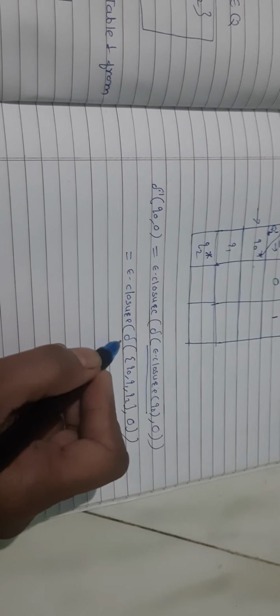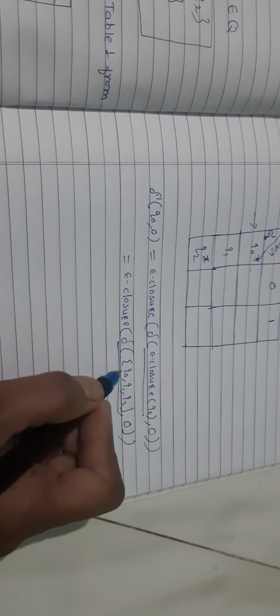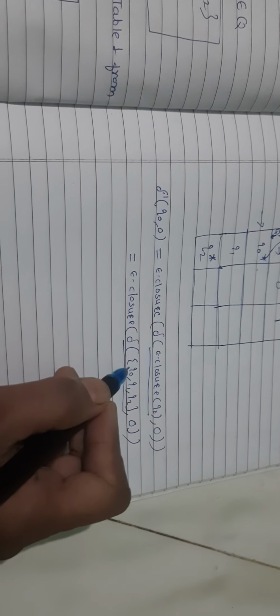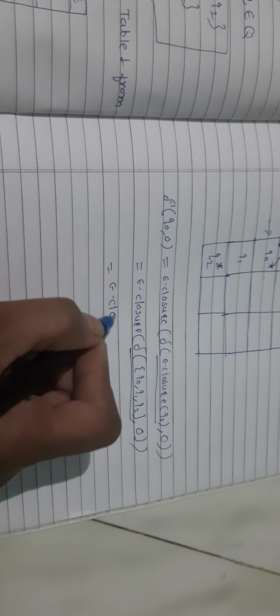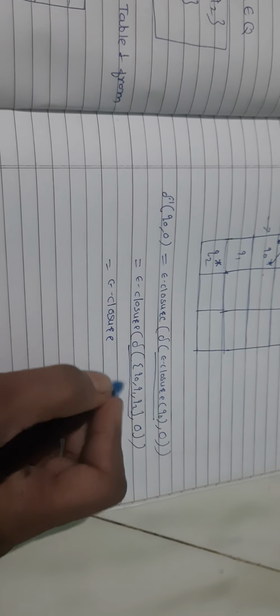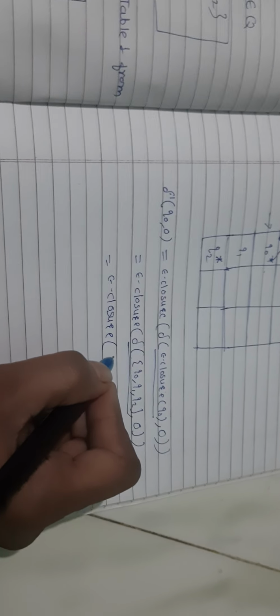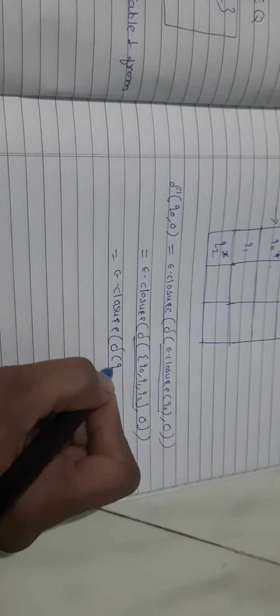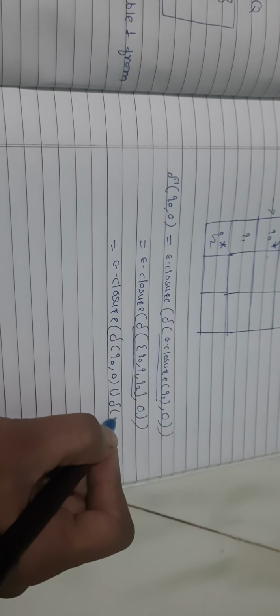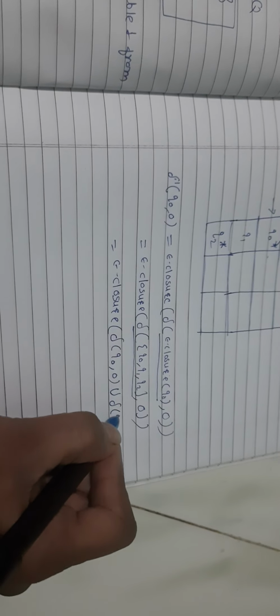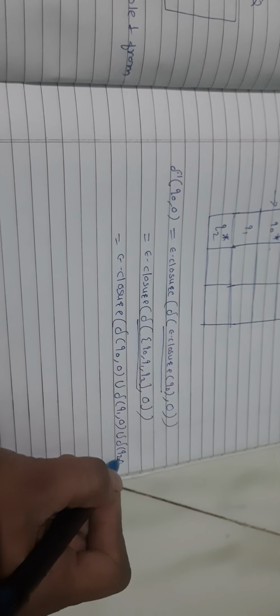Now divide this one, as there are more than one members. So take separately epsilon closure of delta of Q0 0 union delta of Q1 0 union delta of Q2 0.